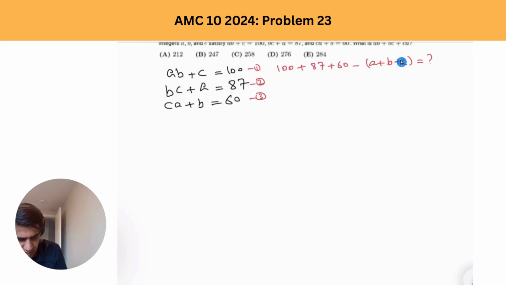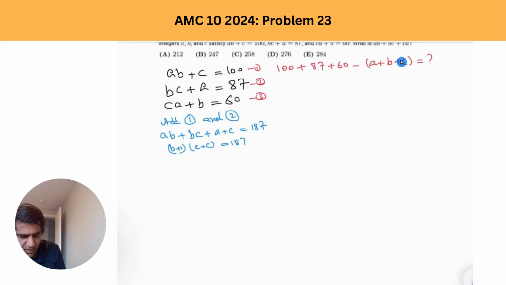So now I will add 1 and 2, and I get ab plus bc plus a plus c equal to 187. And if I factor, then I can write b plus 1 times a plus c equal to 187.